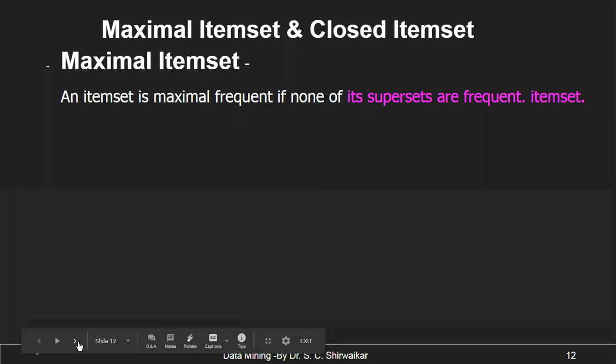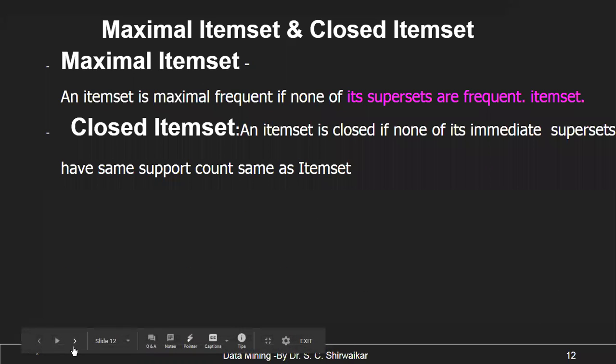An item set is maximal frequent if none of its supersets are frequent. Means the biggest superset of the transaction or data set should not have a bigger value than it. It is a subset, we can say, and the one with the maximum count comes under the maximal item set.